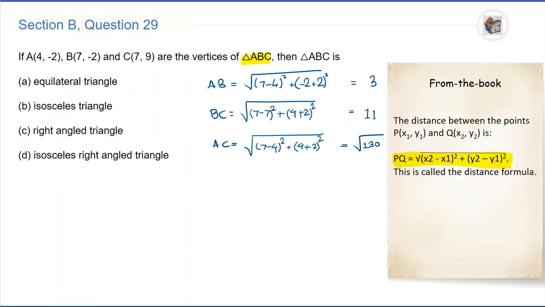Here you go, here are the three lengths. Now, is it equilateral? No, all sides are not equal, so this is out. Is it isosceles? Are even two sides equal? No. Is it right angled or isosceles right angled? Well, again, for isosceles, two sides have to be equal, which is not happening here. The only choice left is this. You don't even need to check.